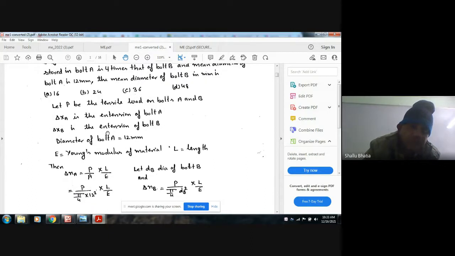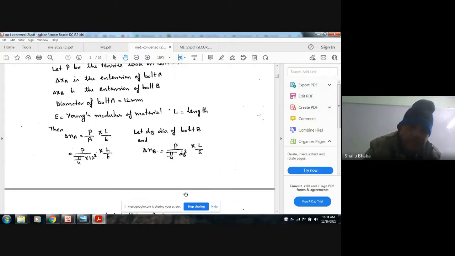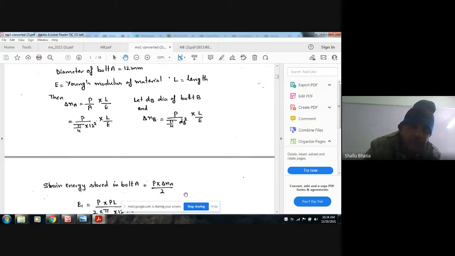Now we know that if the load is P, area is A, length is L and modulus is E, then del XA is P into L by A E, where the area A here is according to the 12 mm diameter. Similarly, the extension of bolt B is P L by A E, where the area is pi by 4 dB squared.